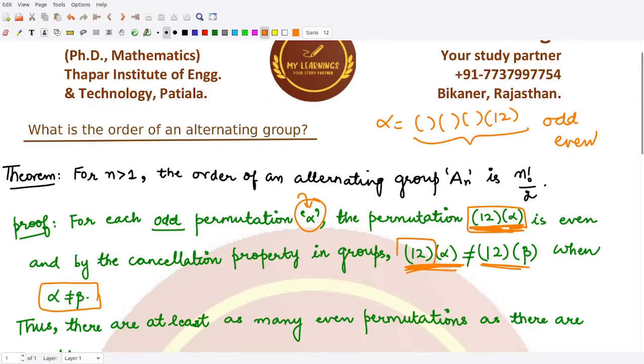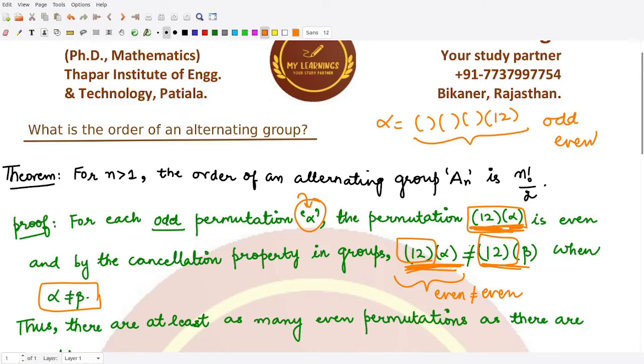Now this thing would cancel with this thing, so we are left with alpha not equal to beta. So if we have two different permutations, they are not equal to each other. So if alpha and beta are not equal to each other, where both alpha and beta are odd, then (1 2) composed with alpha, which is even, is also not equal to (1 2) composed with beta, which is even, right? So this is what we are saying.